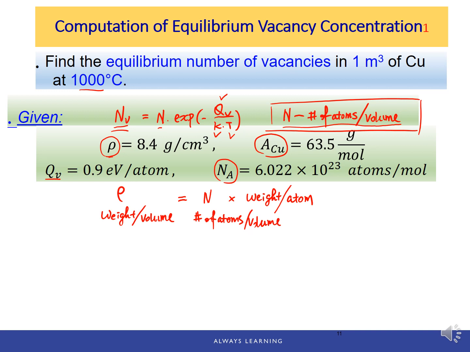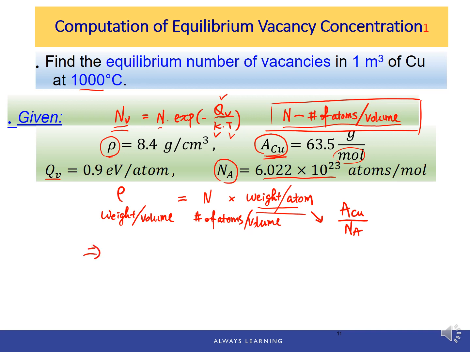Now what is the weight per atom? Well, we know the atomic weight is the weight of 1 mole of copper, and 1 mole of copper has N_A number of atoms. Therefore, the weight of each atom is the atomic weight of the copper divided by the number of atoms per mole. Now we build a relation between the given information rho, N, A, and N_A.